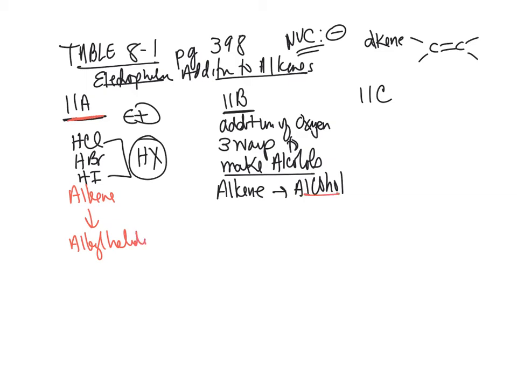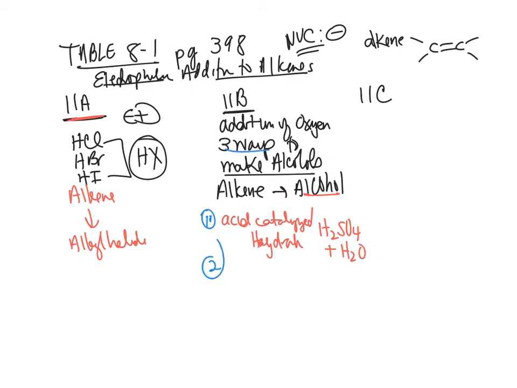Here we're going to make alcohols, and there's 3 ways. And one of them is going to be acid catalyzed hydration. So your reagents are usually going to be sulfuric acid and water. That's one way. We've got three ways.